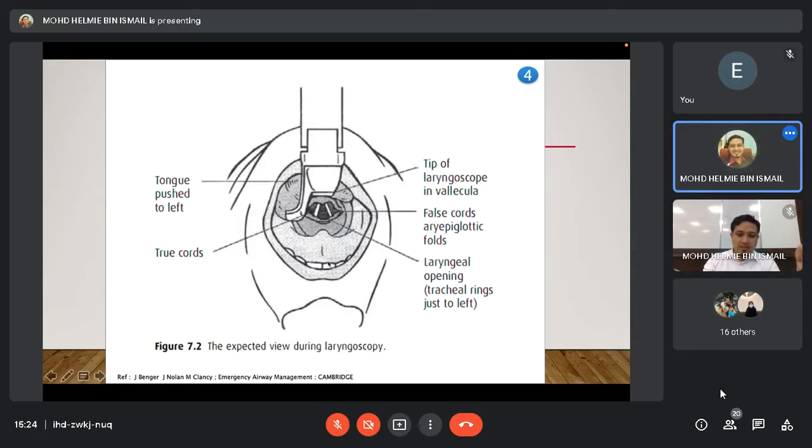Don't use the upper incisor as your fulcrum to elevate the tongue or the epiglottis.